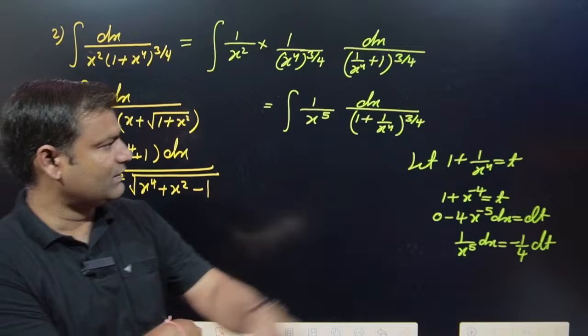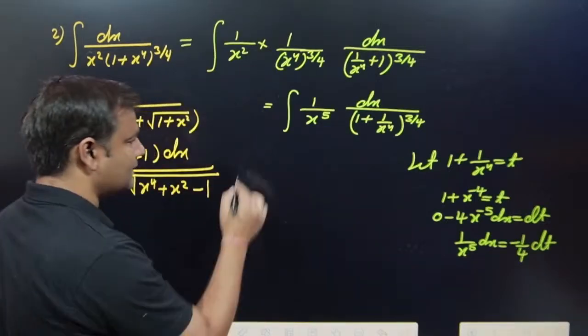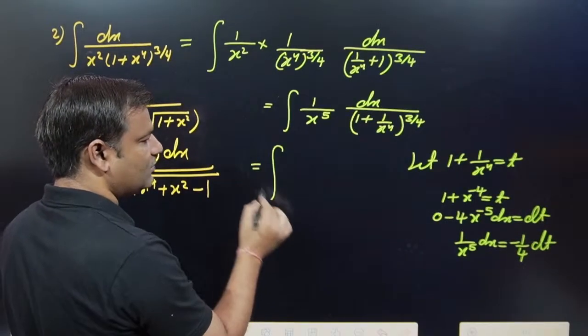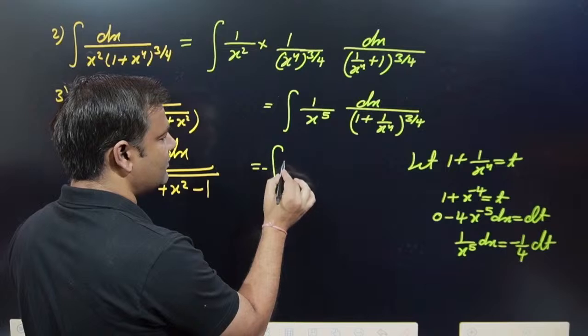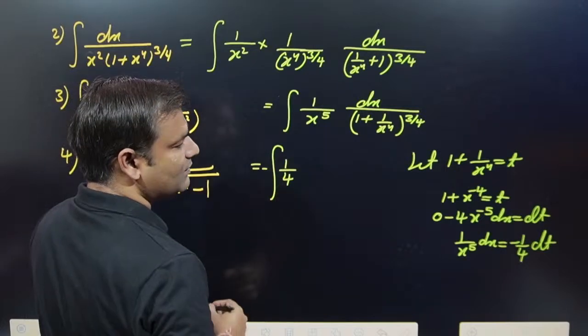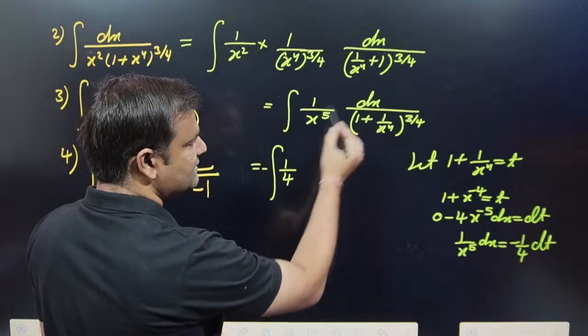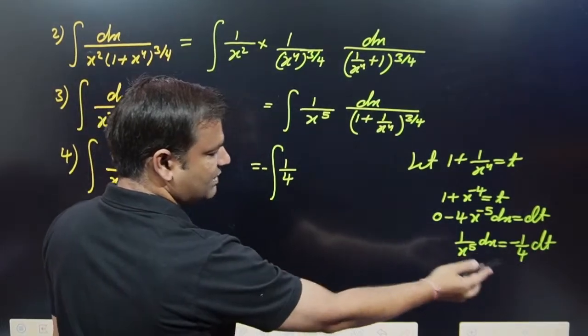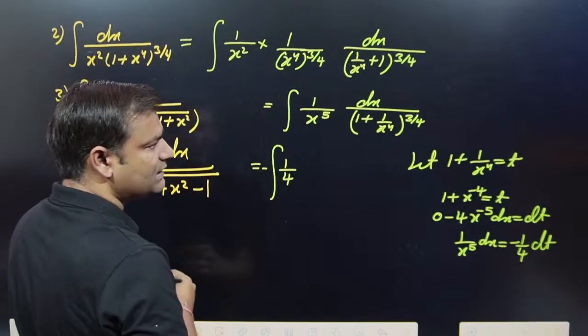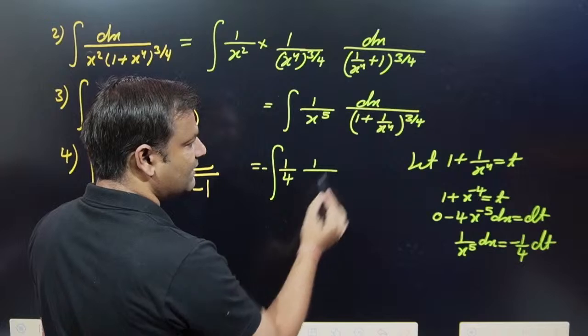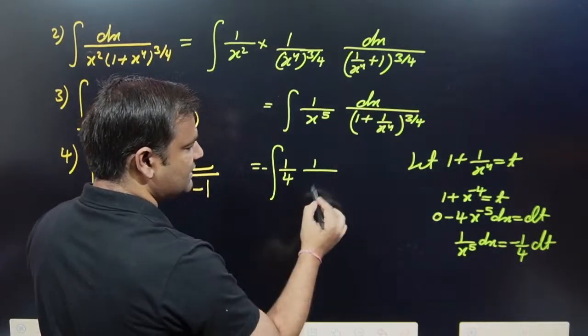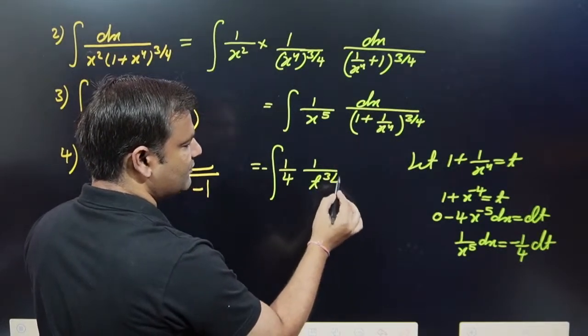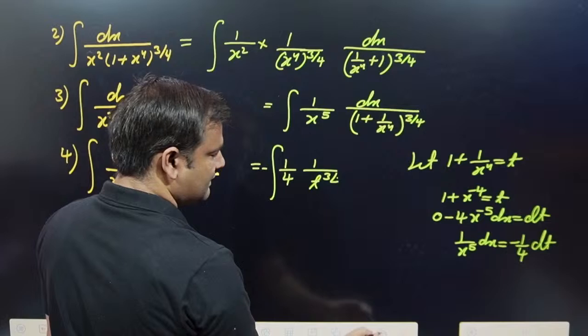Now if we put that value here, then what do we get? Minus 1 by 4. Okay, 1 by x to the power 5 into dx is replaced by minus 1 by 4 dt, divided by that value replaced by t to the power 3 by 4.